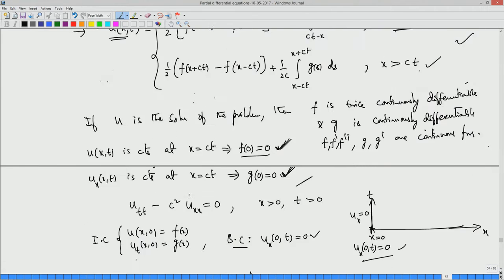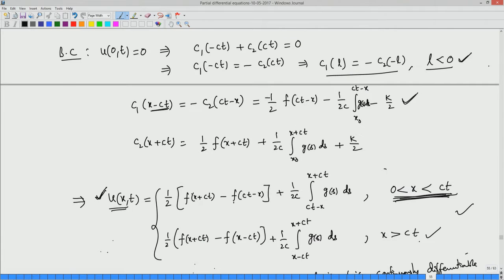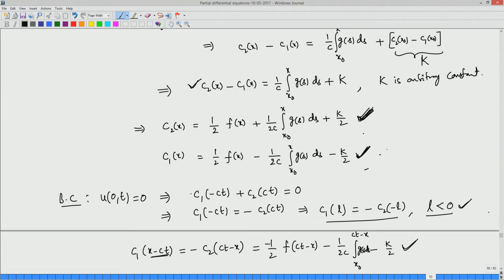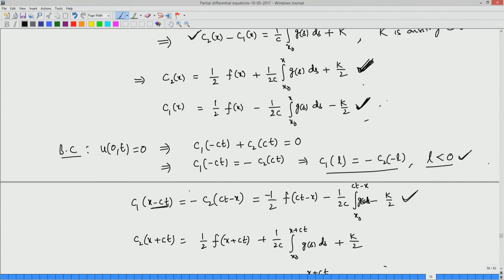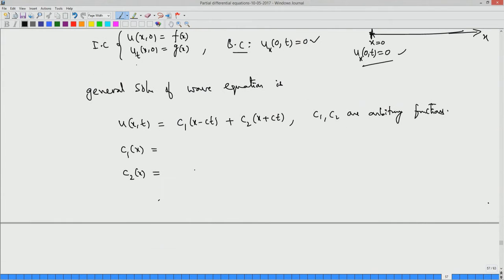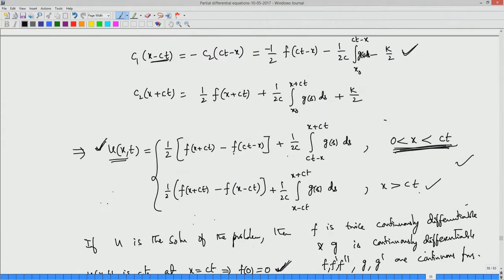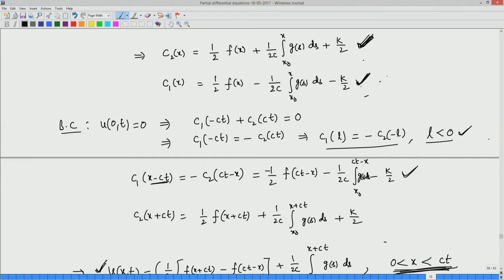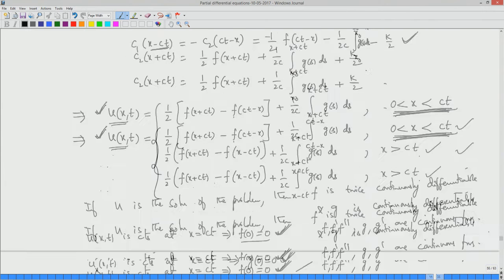I will just pick it up from earlier what we had derived after applying the initial data. For c1 you will get half f(x) plus 1 by 2c integral x naught to x g(s) ds minus k by 2 as your c1(x), where k is an arbitrary constant.